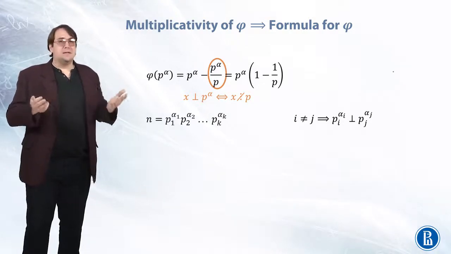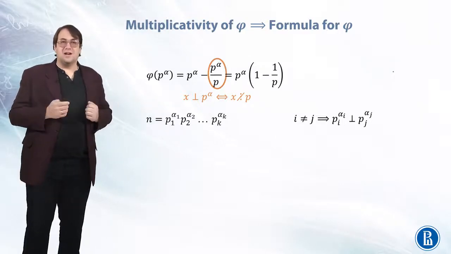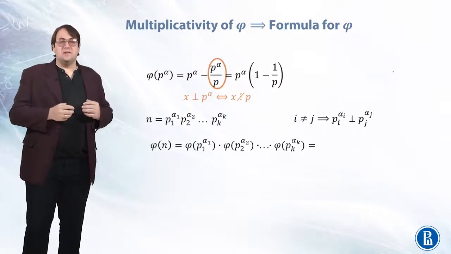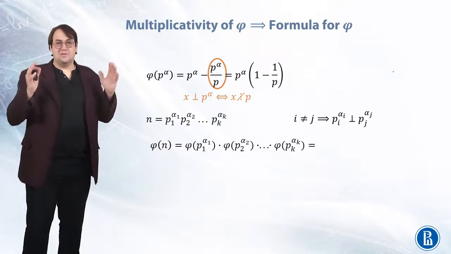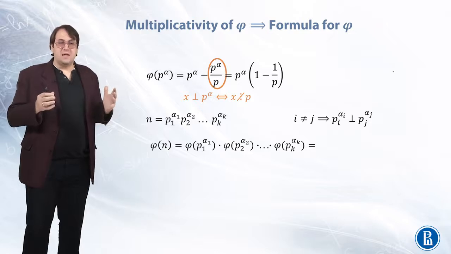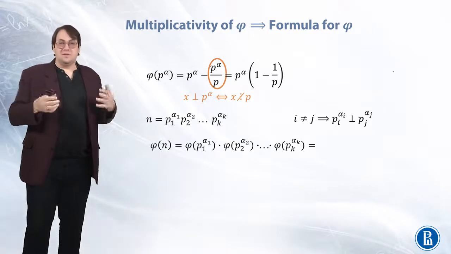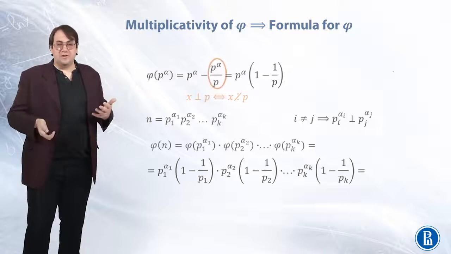And now simply apply the multiplicativity of Euler's function and write that Euler's function of n is equal to the product of Euler's function of all these factors. And now simply use the formula for Euler's function of p to the power of alpha.